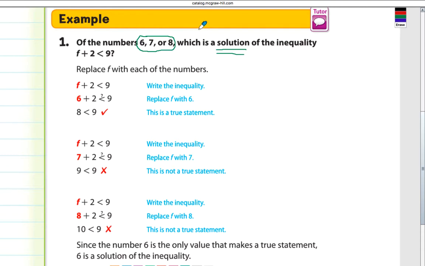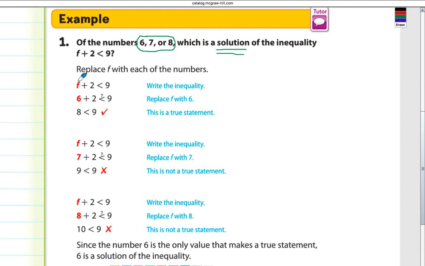If you want to circle and underline with me as we go through this, I think it'll help you understand the process better. So we're going to be replacing the f here with a 6 and working it out. Then we replace the f with a 7, and then we replace the f with an 8 to see which one can be a solution for the variable f.